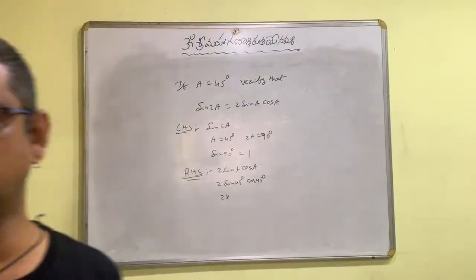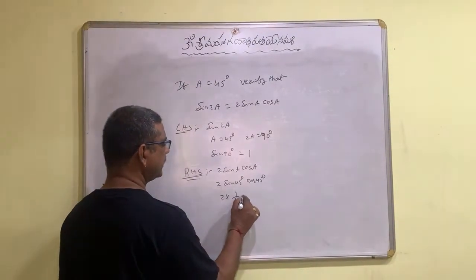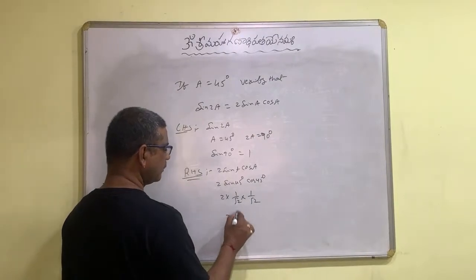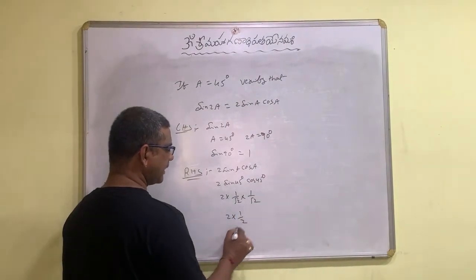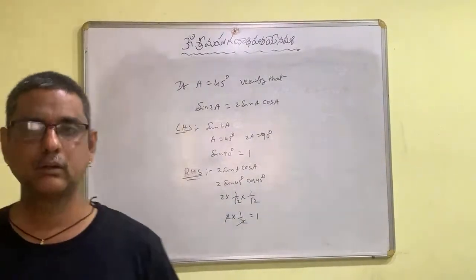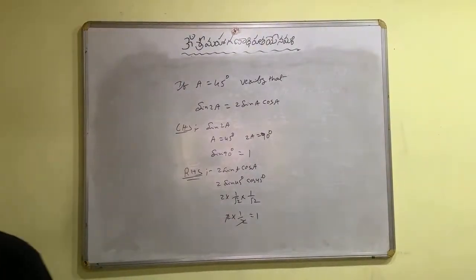One by root 2. Very good. So 1 by root 2 into cos 45 is also 1 by root 2. So 2 into 1 by root 2 into 1 by root 2, 1 by 2. 2 get cancelled. 1. So LHS we got 1 and RHS also 1.